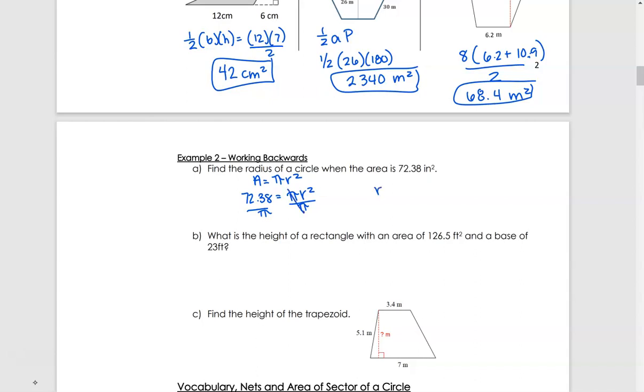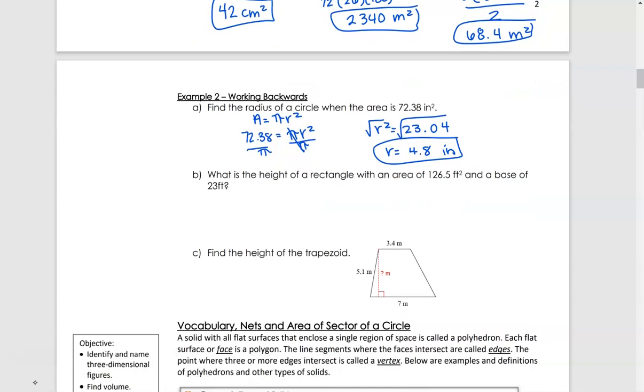And that is going to give us r squared equals basically 23.04 if we can round. And then we're going to do the square root of that number because we undo things that are squared by doing the square root. So the radius is equal to 4.8 inches. It's just inches because it's the radius, it's not the area.